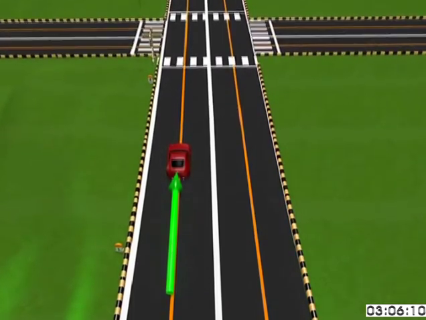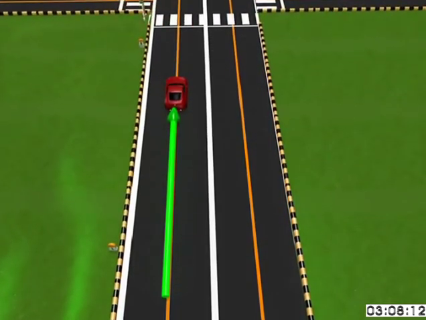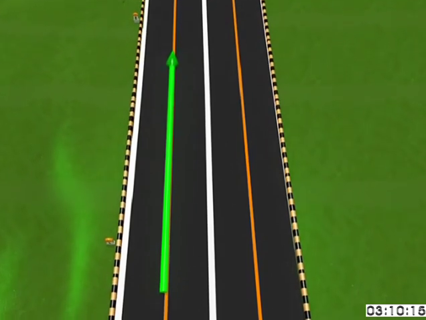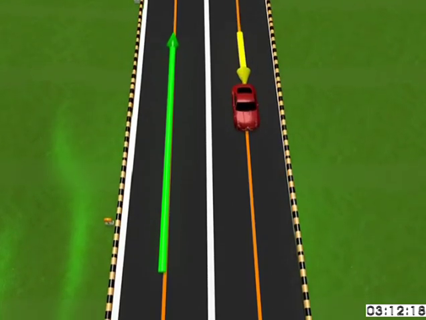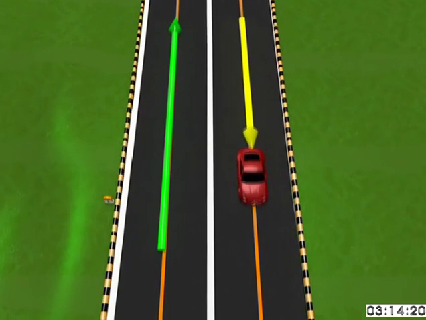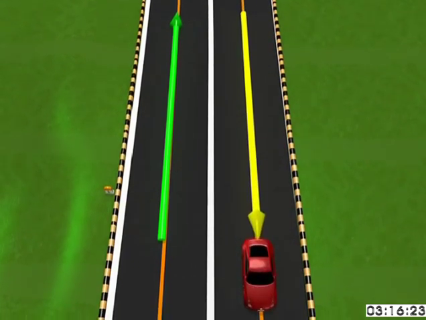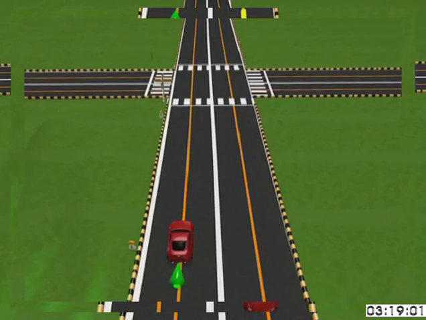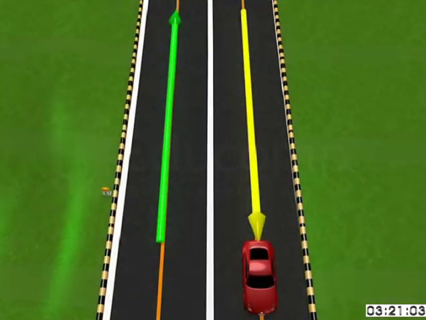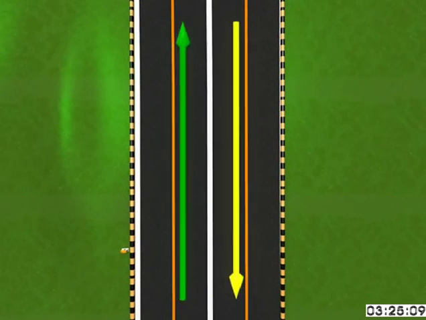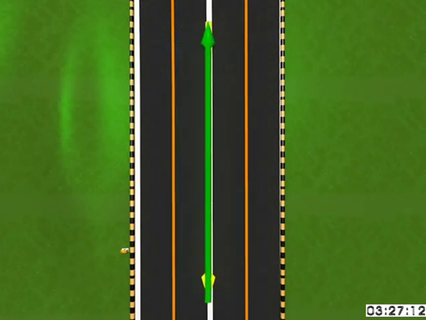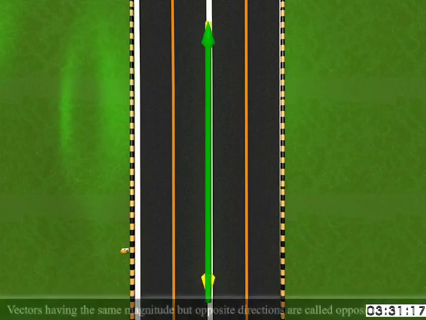Suppose a car travels a certain distance in one direction and travels back the same distance. Clearly, the vector showing the movement of the car will have the same magnitude as they have travelled the same distance, but they will be opposite in direction.